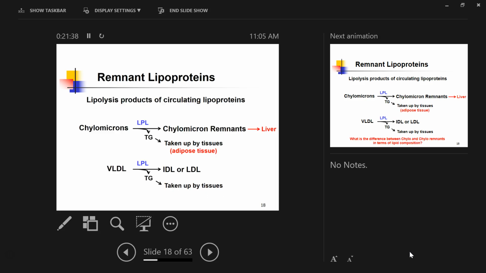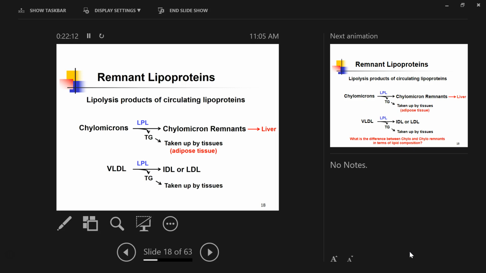Okay, so remnant lipoprotein. Remnant lipoprotein basically is the product of the circulating lipoprotein, or product of a hydrolysis of the lipoprotein. Right, because the main function of lipoprotein is to transport lipids, right, to deliver lipids from one tissue to the other tissue.